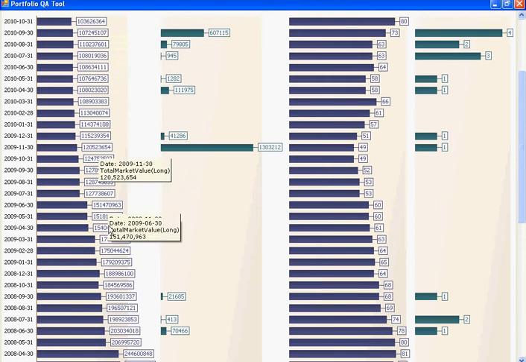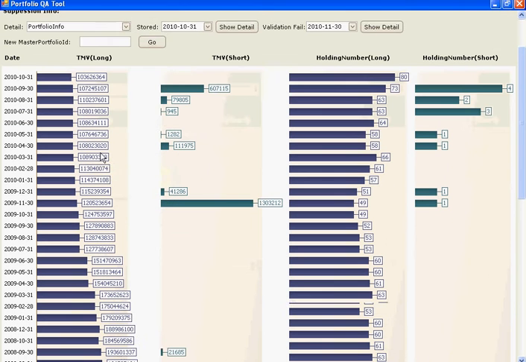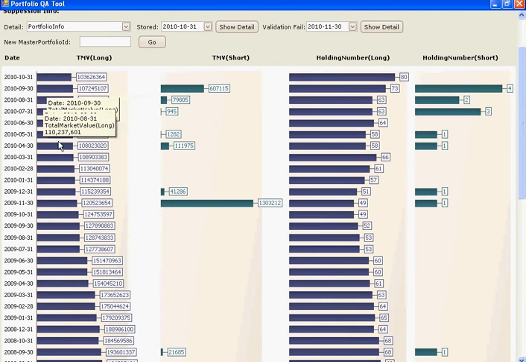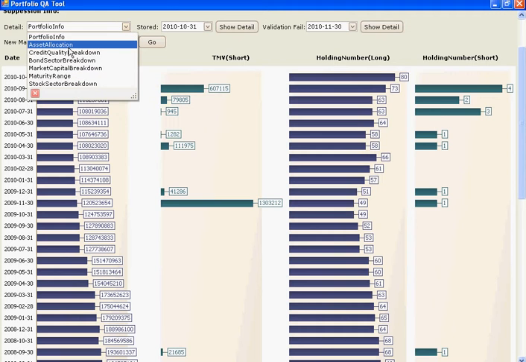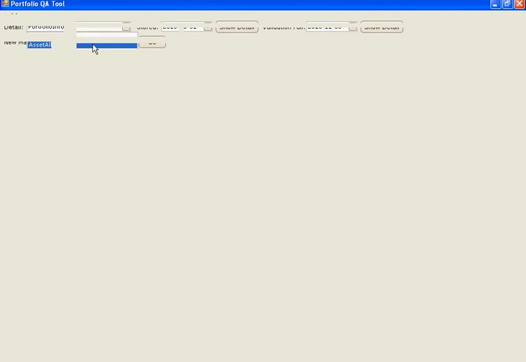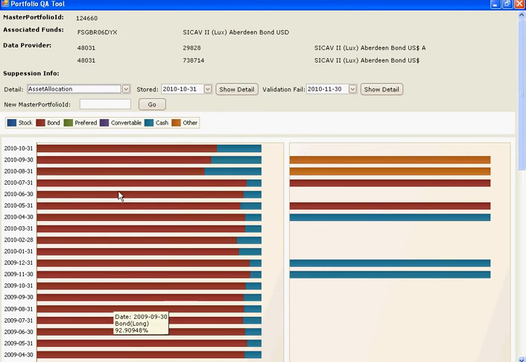The total market value, you see the change is so small here. You can also see the asset allocation here. You see, they are all bonds. So this is a very important one.